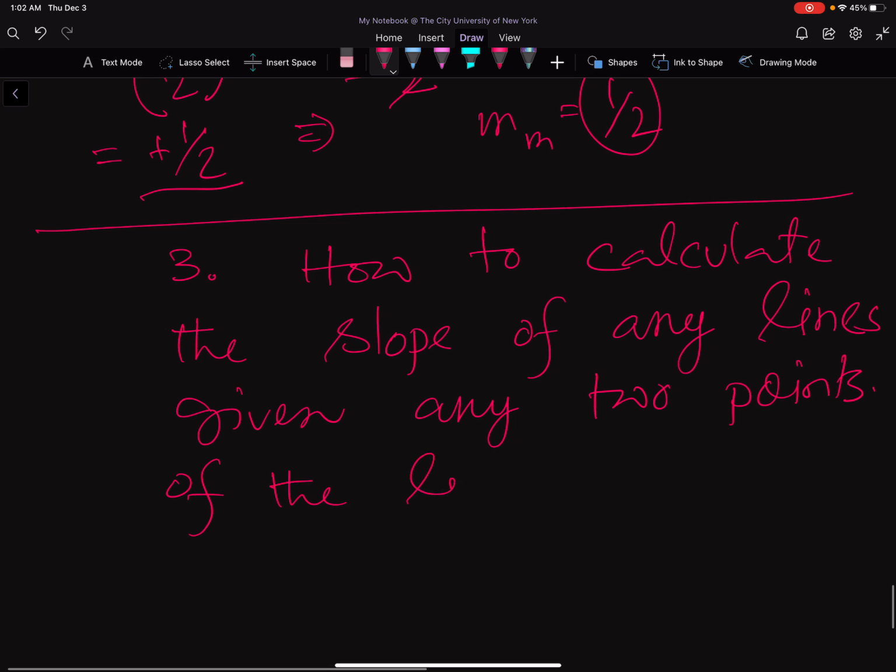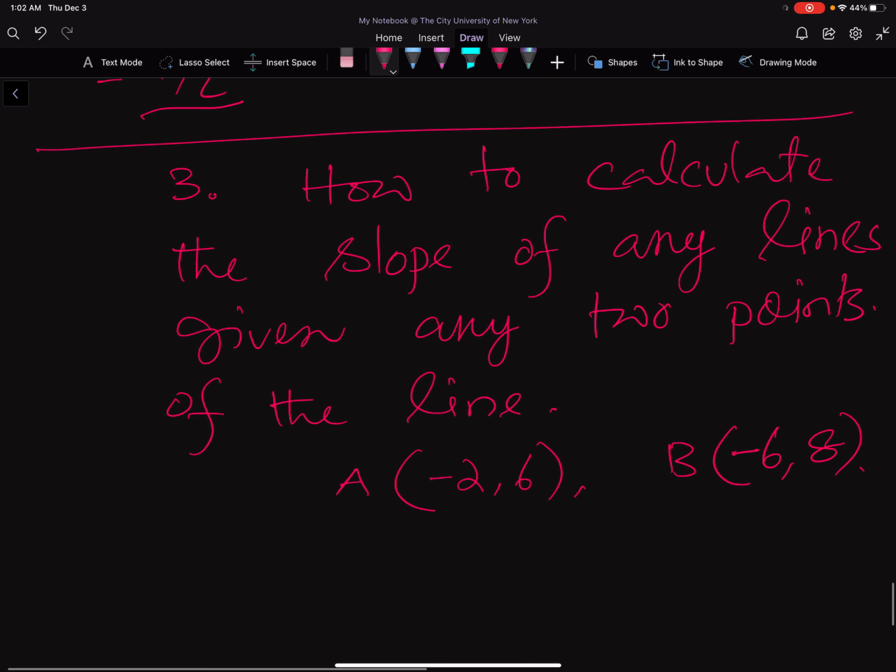We all know that if we have 2 points, we can draw a line. Let's say A equals (-2, 6), and the point B on the line AB is (-6, 8).